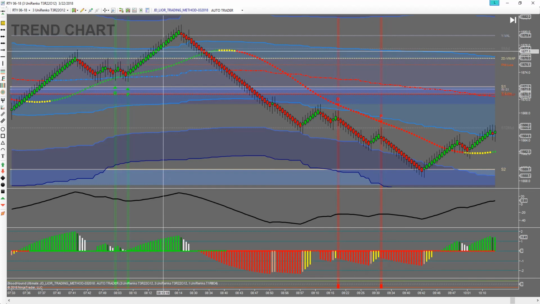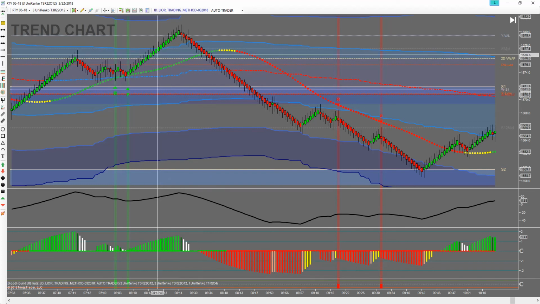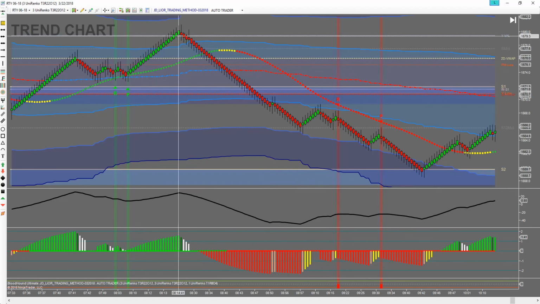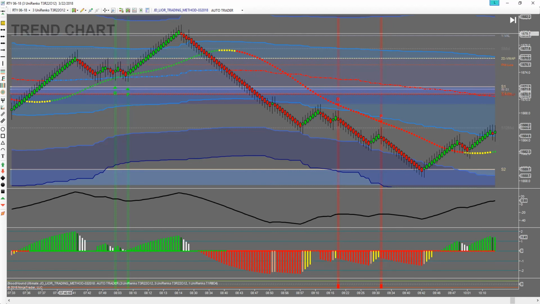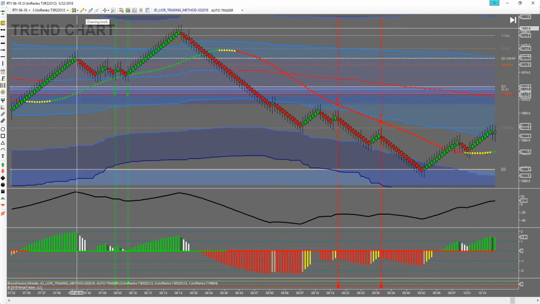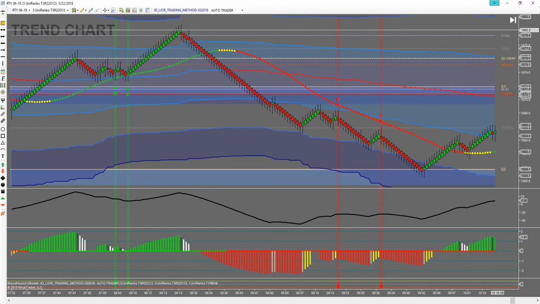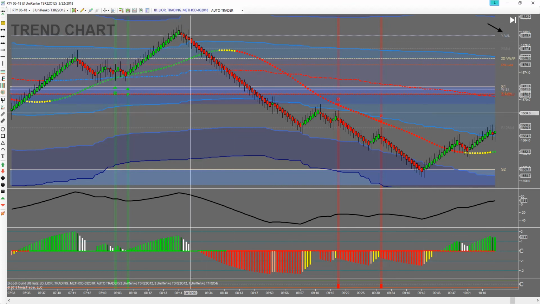You would have made your 20 ticks, or if you manage your trades in a different way, you can protect your entry and let it run all the way to yesterday's value area low, which is this one here, as you can see. That level wants to be tested, so that's a very good thing.